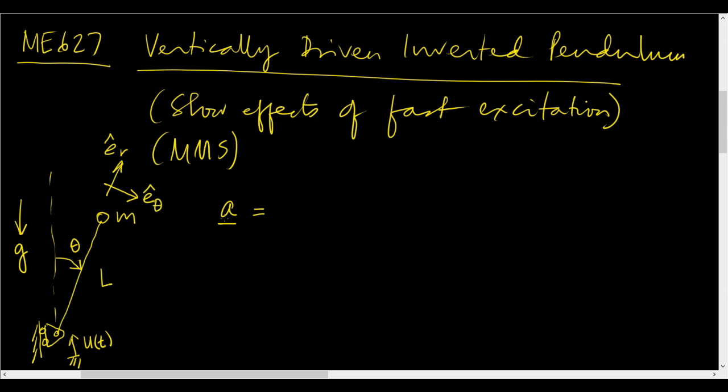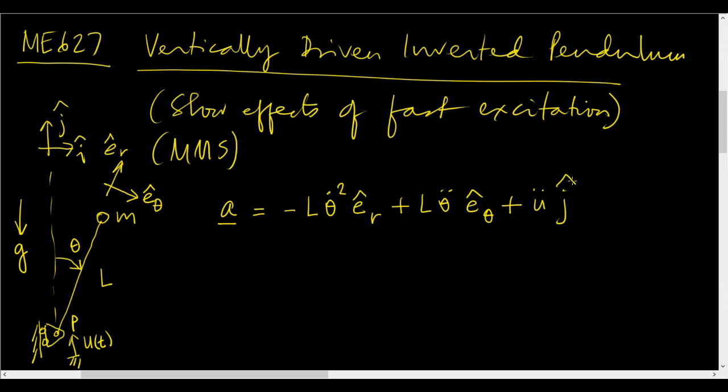The acceleration is equal to minus L theta dot squared e_r plus L theta double dot e_theta. This is actually the acceleration of the point mass relative to this pivot point P, but then there is the acceleration of P itself, for which it is better for us to use unit vectors i and j and write plus u double dot j. So that's the acceleration of the point mass m.